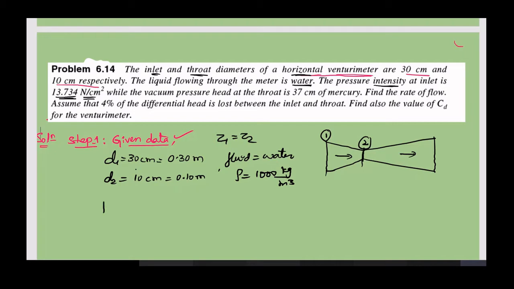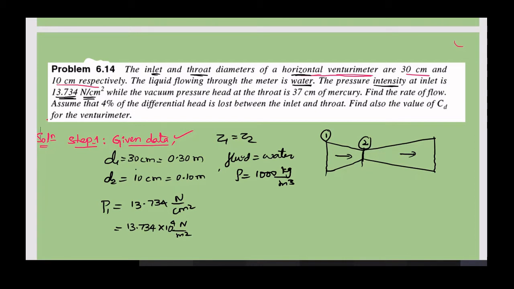So P1 I will write as 13.734 Newton per centimeter square. So convert Newton per centimeter square into Newton per meter square: 13.734 into 10 to the power of 4 Newton per meter square.